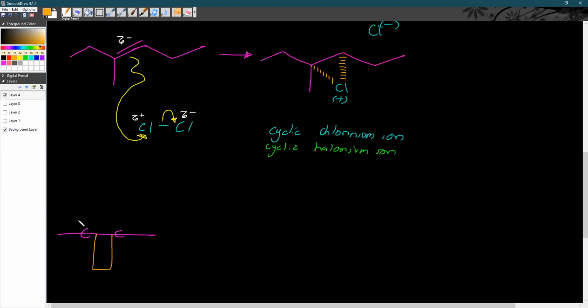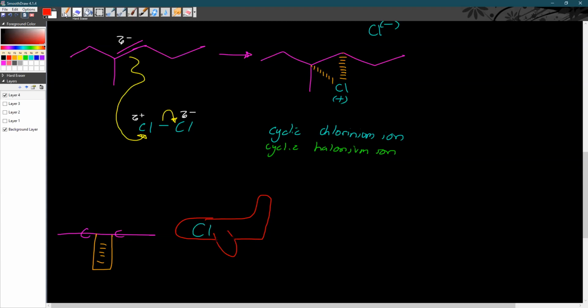Now, if you notice, there's no reason why this chlorine has to form on the dash, right? It could just as easily have formed on the wedge, right? Totally. But what I want you to notice is this chlorine that's now coming, imagine it's a plane. It is a plane, okay?